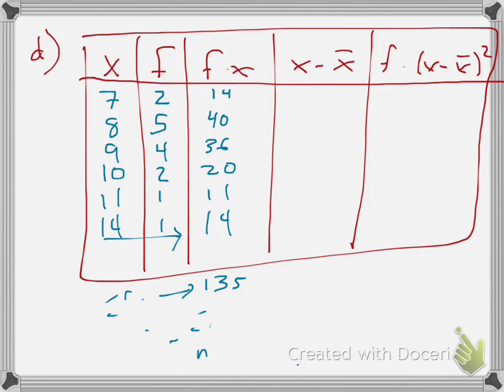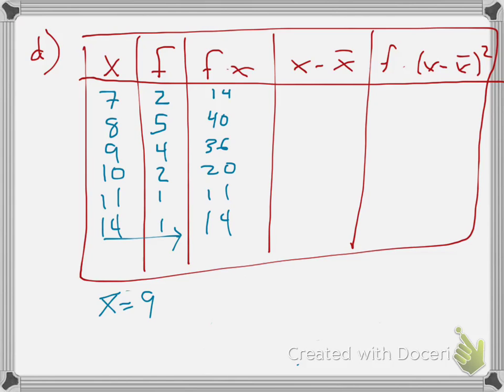Alright, so the next column is going to be our deviation, x minus x bar, and we're only doing this once because we're going to add in the frequencies in the second column. We had x bar, our mean average number of ducks per day, was 9.